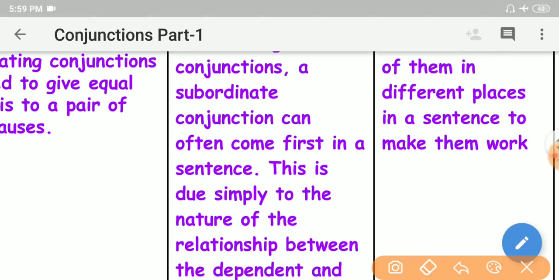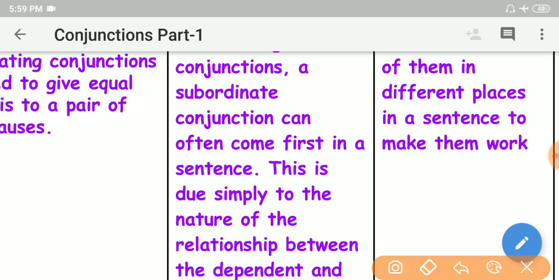A subordinate conjunction can be used at the beginning or in the middle of a sentence. We can use the subordinate clause first and the main clause next, or the main clause first and the subordinate clause next, but it is impossible in coordinating conjunctions.